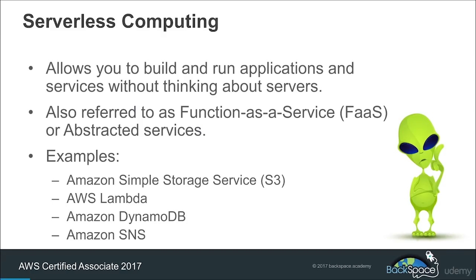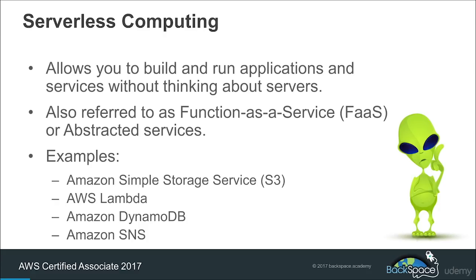Some good examples of that are the Amazon Simple Storage Service, and we'll talk more about these services in the next few slides. AWS Lambda, which is a service where we can just give our code to AWS and it will run that code for us and bill us in 100 millisecond increments. So we don't need to worry about anything other than just supply our application code and Lambda will run that for us. Amazon DynamoDB is a serverless computing NoSQL database.